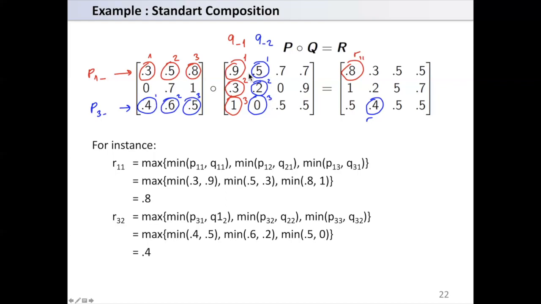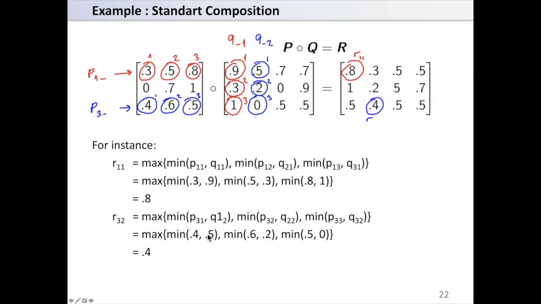We are comparing one by one, 0.4 and 0.5. We are choosing the minimum, and 0.6, 0.2, and also 0.5 and 0. For each pair, we are considering the minimum.